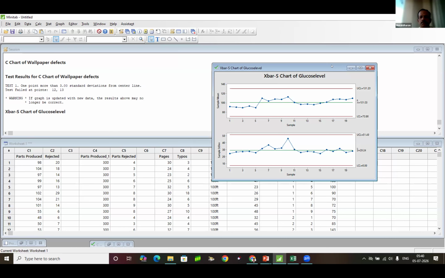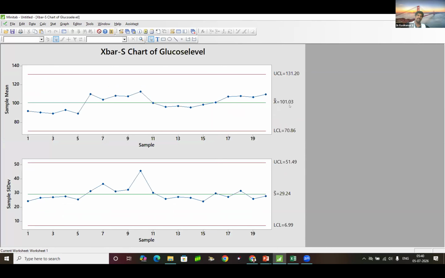Now remember, the doctor doesn't have to verify the data every day. If he just checks the data on the 20th day, he can see if anybody is deviating or not following the routine. Here on the 10th day, you can see there was some fluctuation.